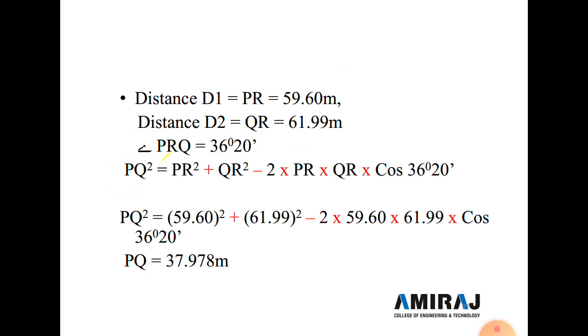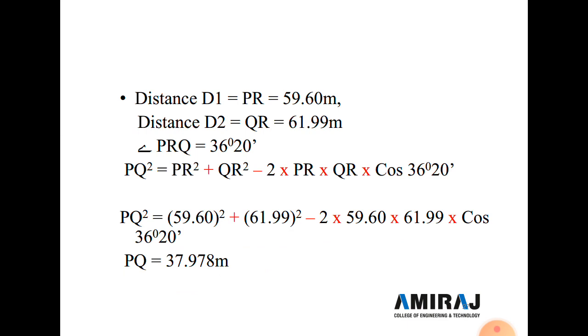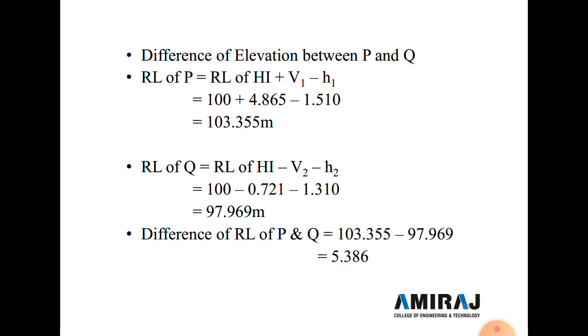So PQ square is equal to PR square plus QR square minus 2 PR QR cos theta, where theta is 36 degrees 20 minutes. Putting all the values in this equation, we find PQ is 37.978 meter.